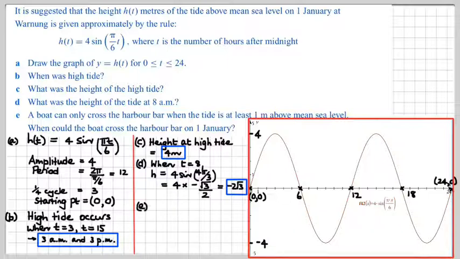E looks a little bit knotty. So, yeah, we've got to work out when the tide is exactly 1 metre above mean sea level. Now you can just imagine, if I did a graph of y equals 1, it'd be zooming along there like that, wouldn't it?